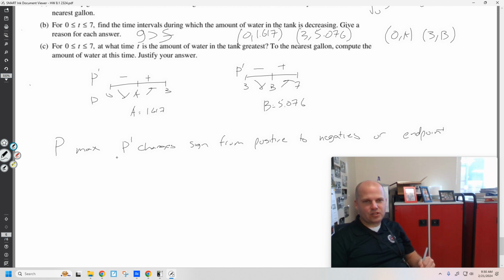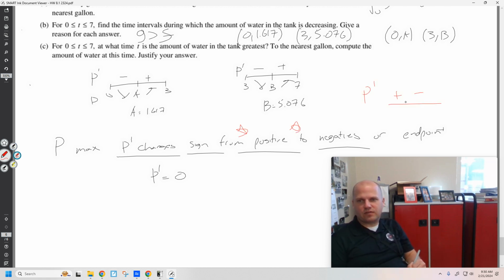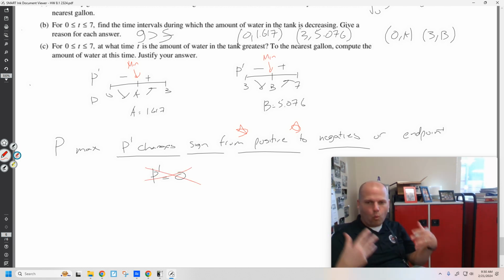The fact that I don't say P prime equals 0, that I'm more specific about P prime changing sign from positives to negatives being a location of a max, means that mins can't be locations of maxes. This is a local min. This is a local min. This is a min. This is a min. It's not the overall min, but it's a local min. Because I don't want to check those points because I know they can't be the maxes.